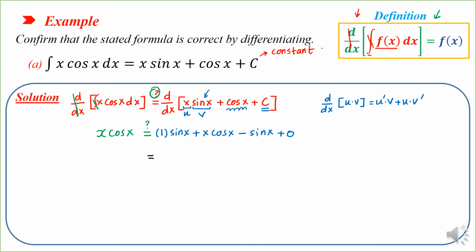So we have 1 times sine x equals sine x, minus sine x equals 0, so you will get x cosine x. Now since the derivative on the right hand side equals the derivative on the left hand side, this means that the formula is correct.